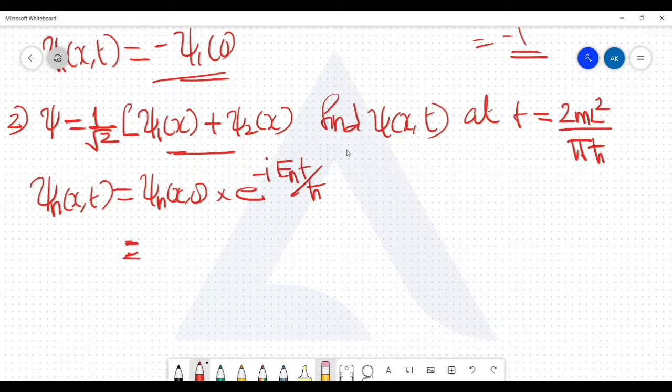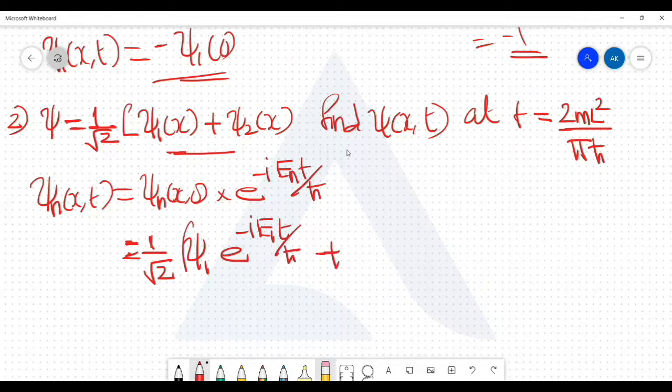So be careful: 1 by root 2 psi 1 e raised to minus i E1 t by h cross plus psi 2 e raised to minus i E2 t by h cross. You have to pick E in such a way that it belongs to the same state: for psi 1, E1; for psi 2, E2. Okay, that's it.